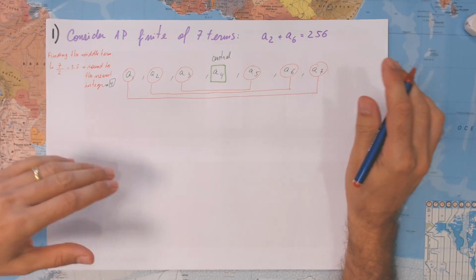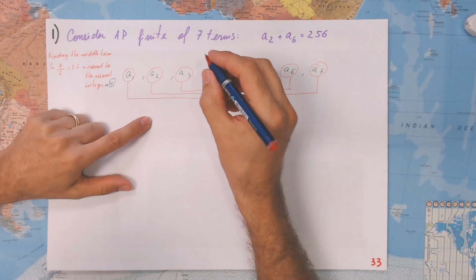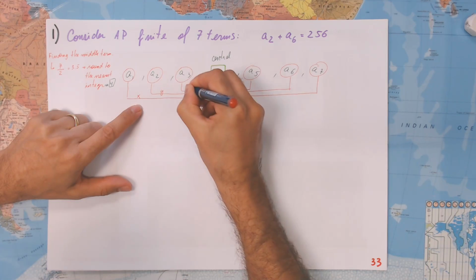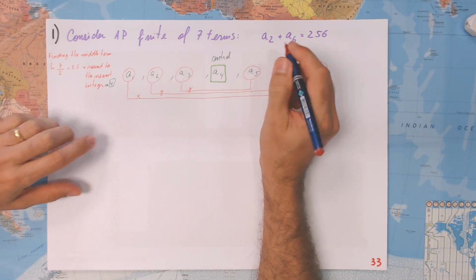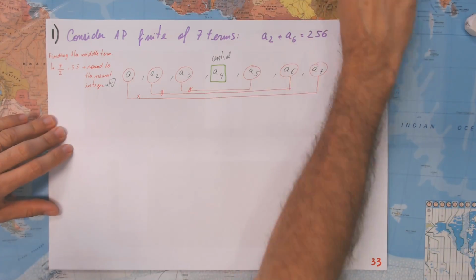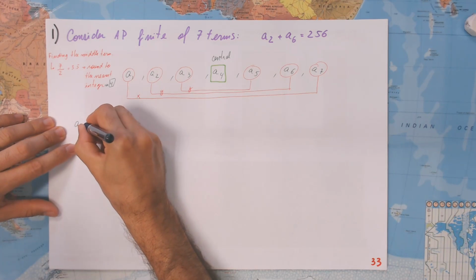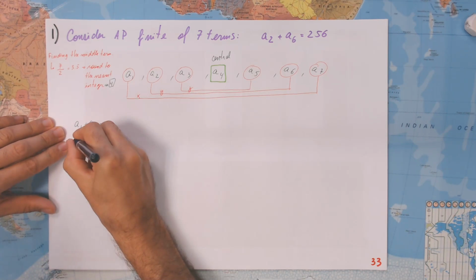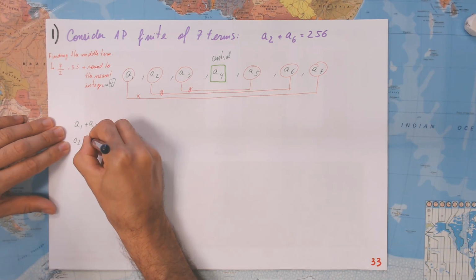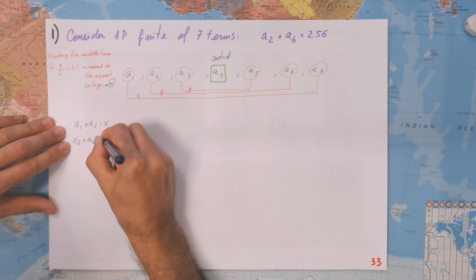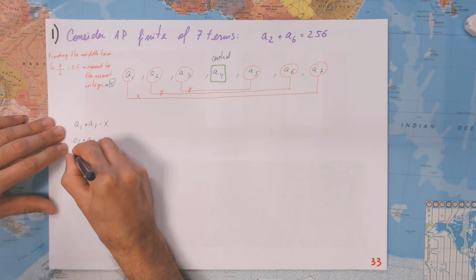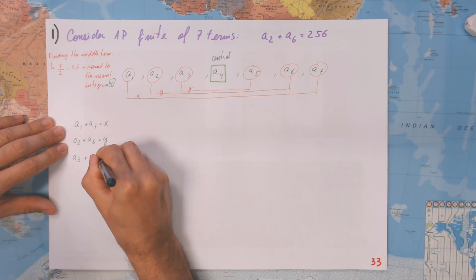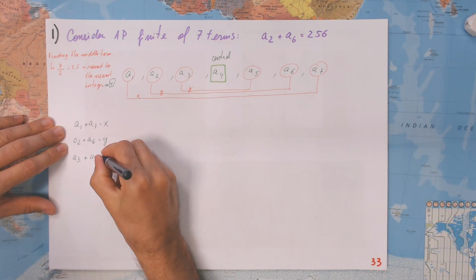Now, let's call this summation x, y, and z. A1 plus A7 is going to be x. A2 plus A6 is going to be y, and A3 plus A5 is going to be z.